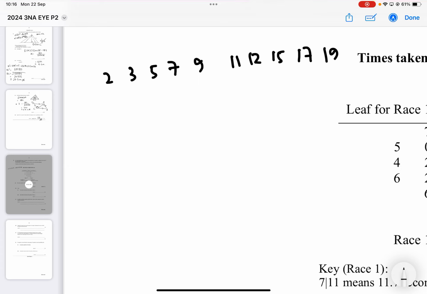Okay? Let's say there are 10 data. If I split them into two, then there isn't a middle. So if there's no middle, then I take the mean of the two closest ones when they are arranged in order. Then it will be 9 plus 11 divided by 2. So if that is the formula you're talking about, the mean of the two center ones.